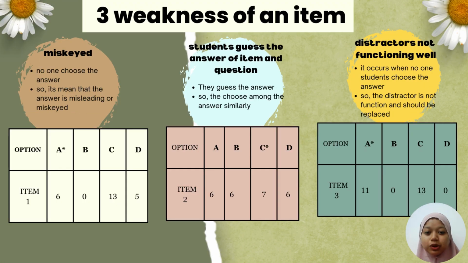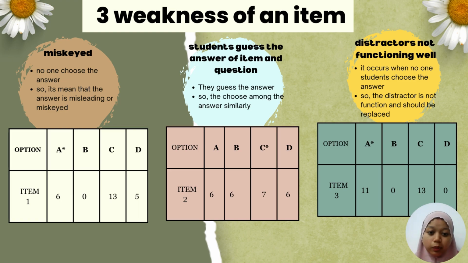Next, we also can see three weaknesses of an item based on distractor analysis. The first one is miskey. It can be seen when no one chooses the answer of option B. So it means that the answer is misleading or miskeyed. Next is students guess the answer of the item or question.